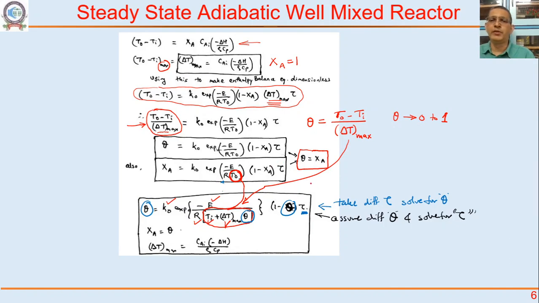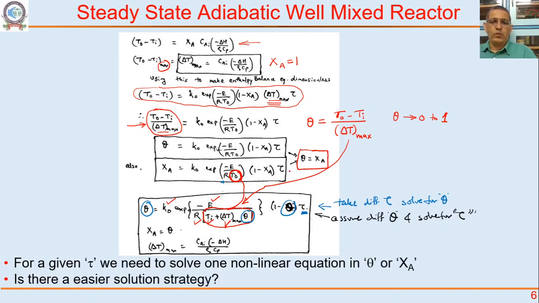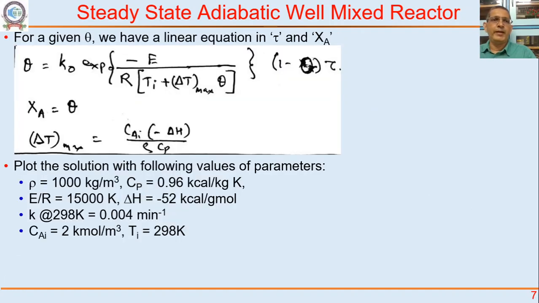Okay, so let's do this. Do this for yourself. Pause the video, do this for yourself, and actually plot for yourself. What you will find, so these are just the same equations. Now you will need some values for plotting. So you can take these values for plotting.